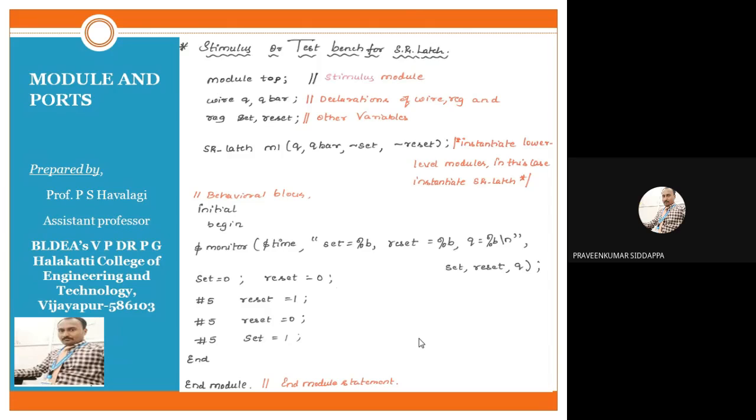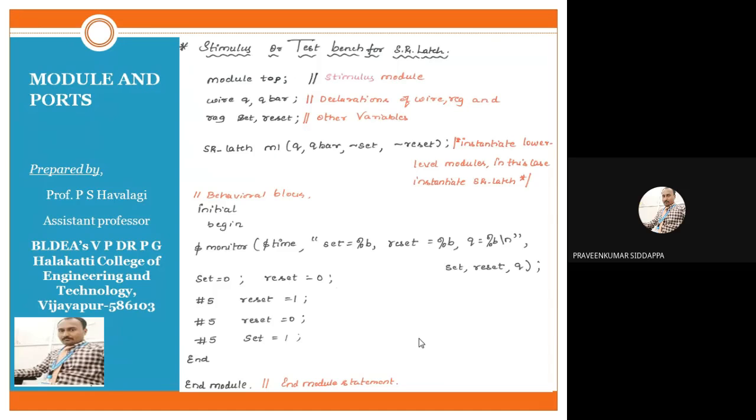Okay. So after monitoring the time, next we should monitor the inputs. Which are the inputs for the set and reset? Both we have to monitor in terms of binary. So first input you should write is set.